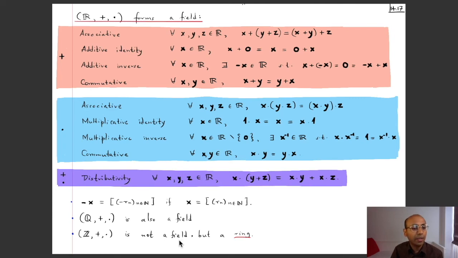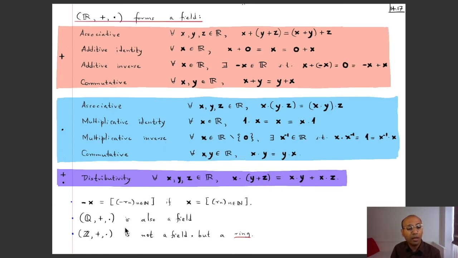The addition and multiplication have all of these properties except for the existence of multiplicative inverses for non-zero integers. Indeed, we have seen, for example, if you look at the equation 2x equals 1, then there is no integer solution x. So the integer 2, which is a non-zero integer, does not possess a multiplicative inverse.